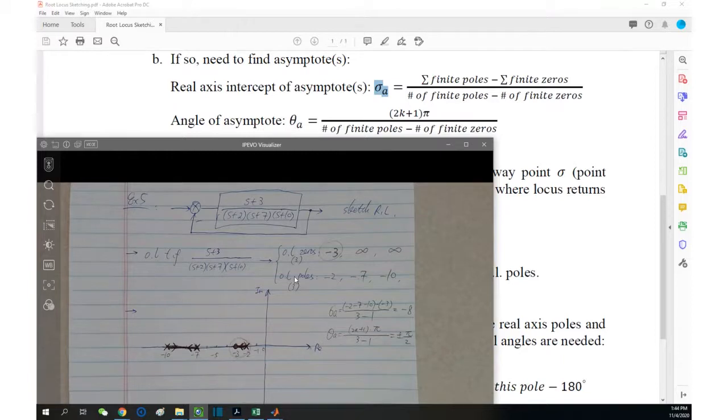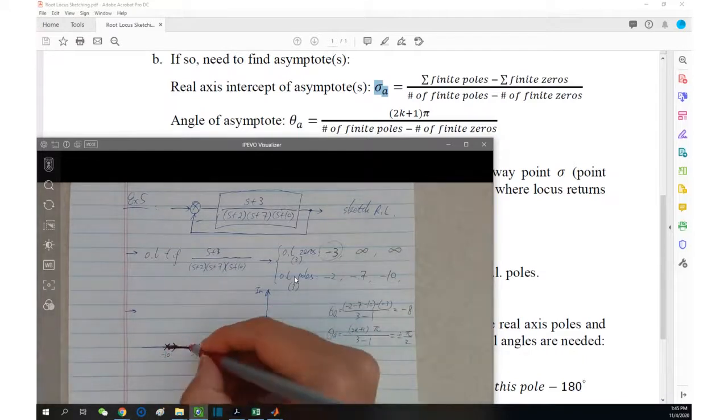Now we can plot the asymptote into the picture. To differentiate it from the root locus, I'm once again using a different color and a dashed line. -8 is here.